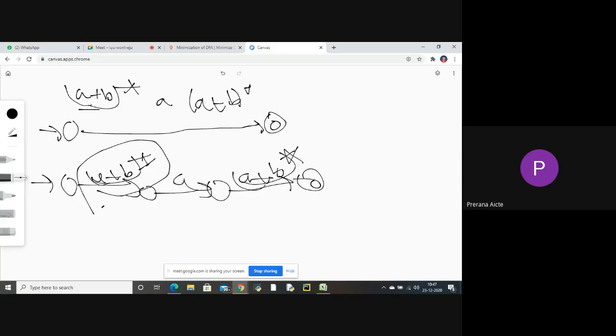So we need to add the self loop after the transitions, so it is (a plus b) whole star, (a plus b) whole star.